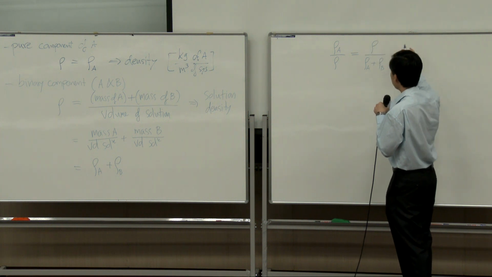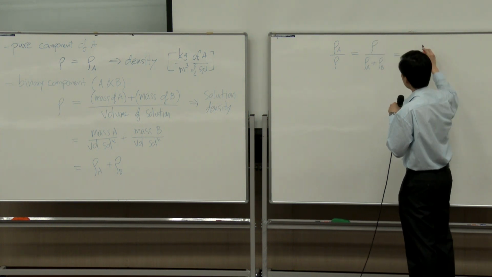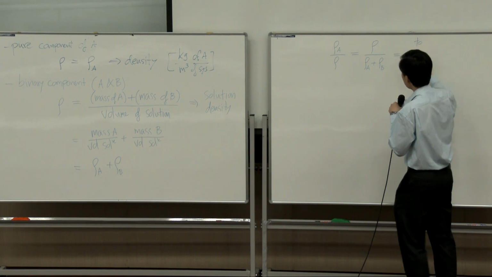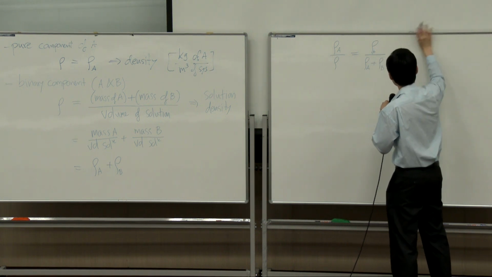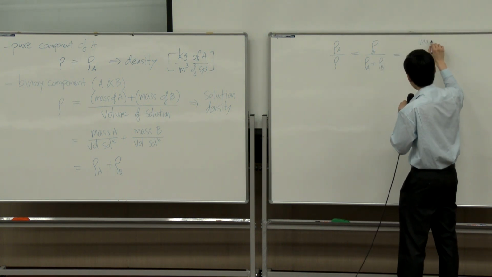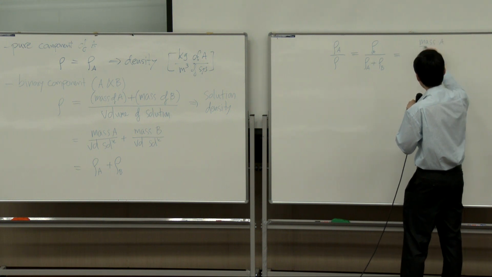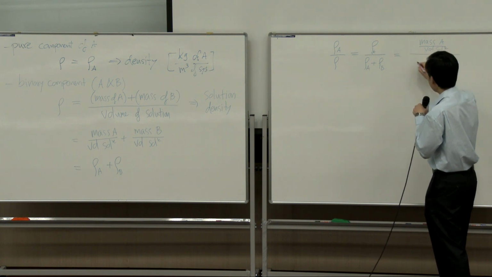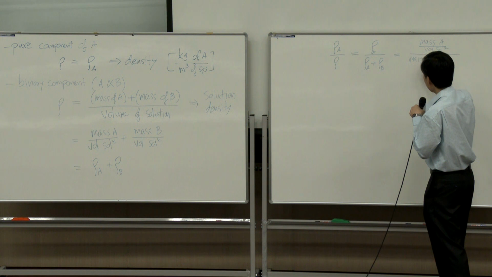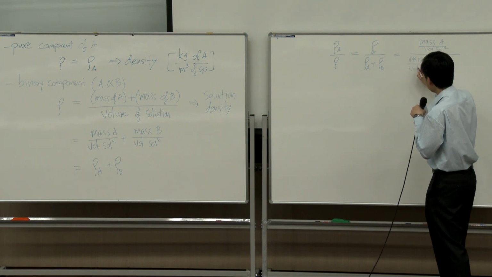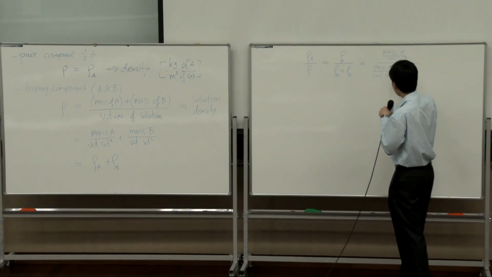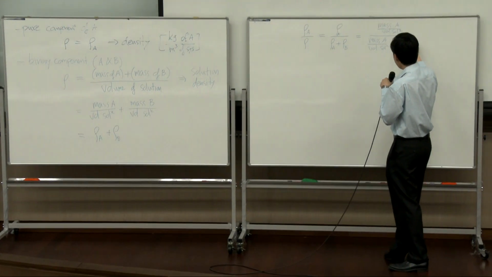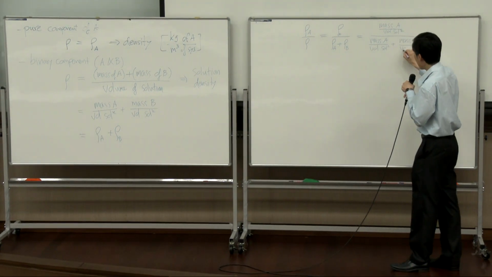So if you split this, you get the total mass, this is rho A. So therefore, there will be mass of A per unit volume of the solution divided by mass of A per unit volume of the solution plus mass of B per volume.